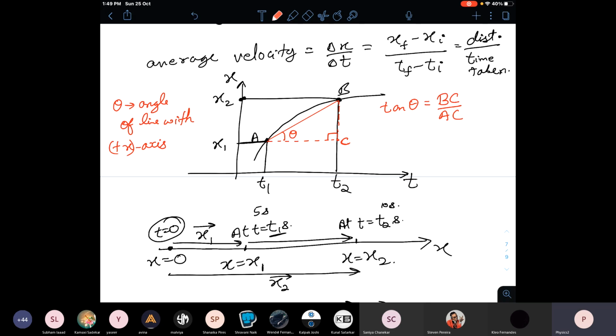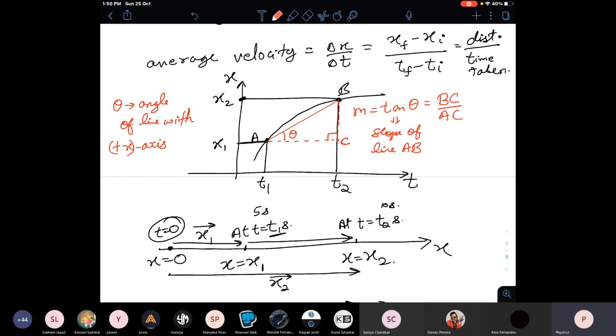Now in terms of mathematics, tan theta represents the slope of line AB. Tan theta means in mathematics the slope of line AB. It is represented by m, small m most of the time.